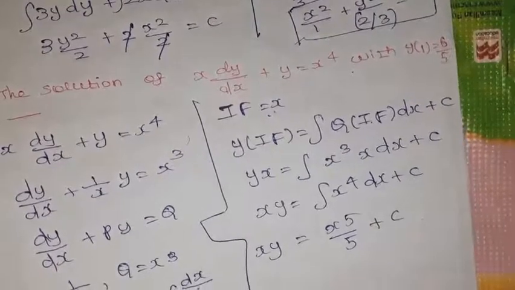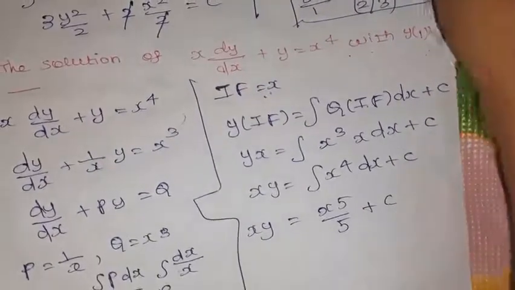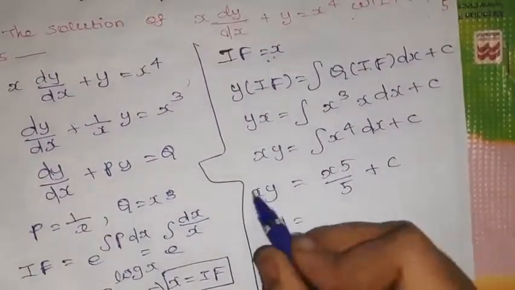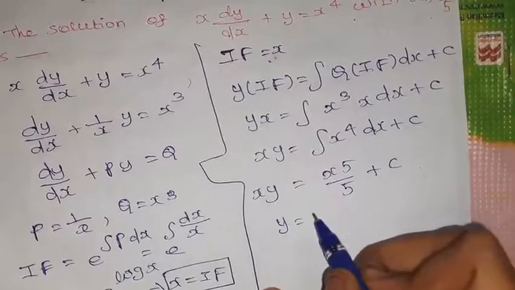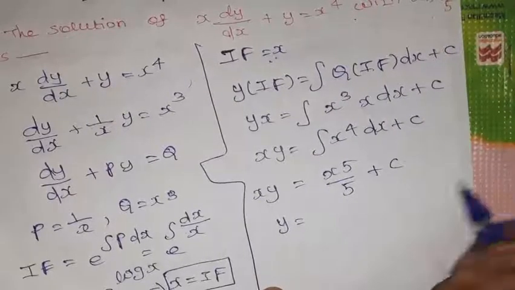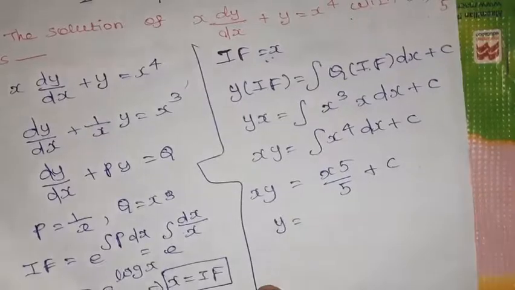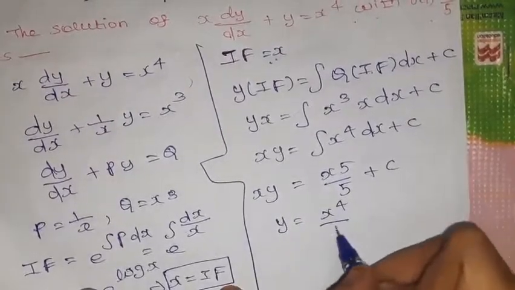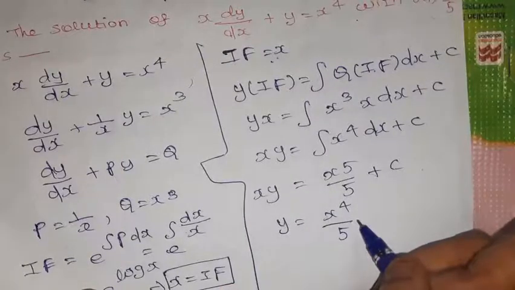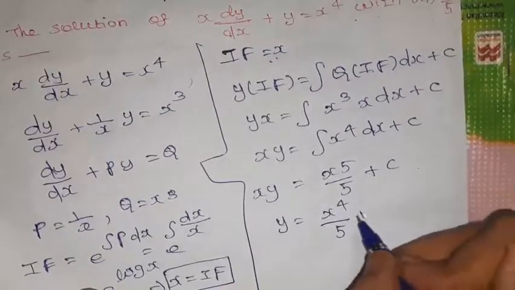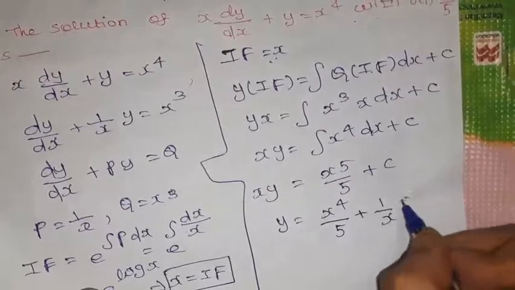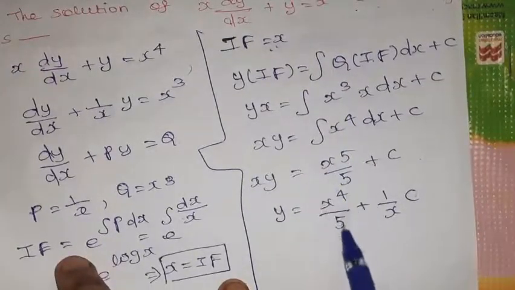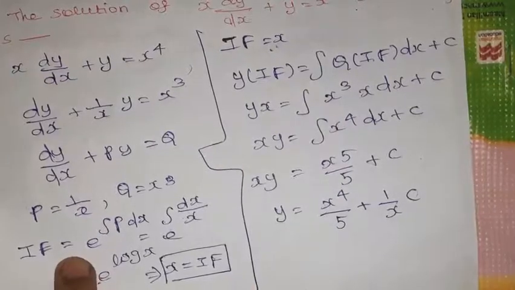Then we need to find y, so divide by x. We get y equal to x power 4 by 5 plus c by x, or 1 by x into c.